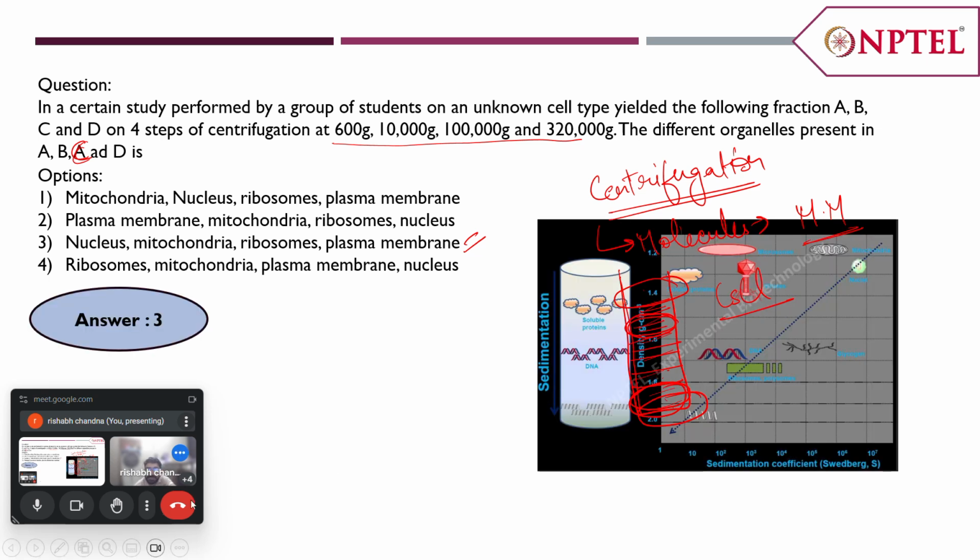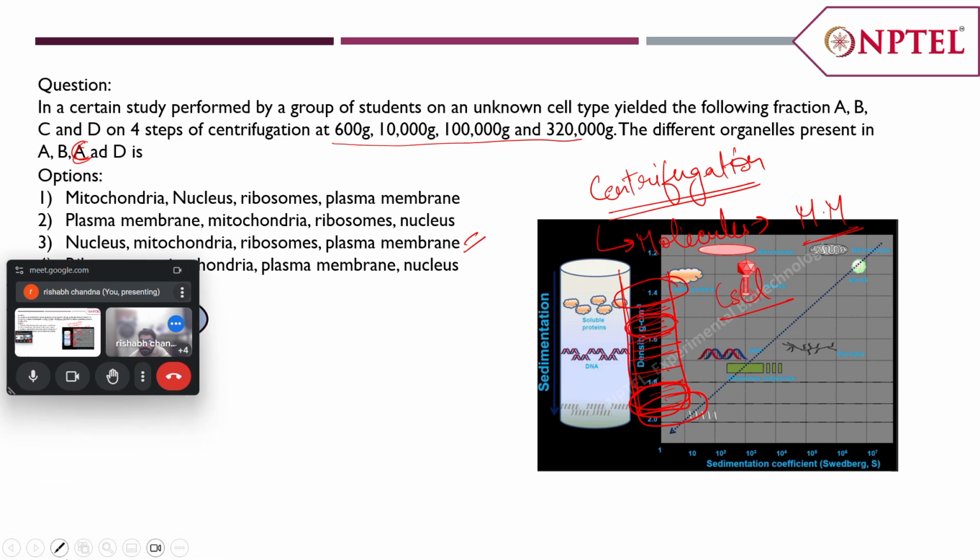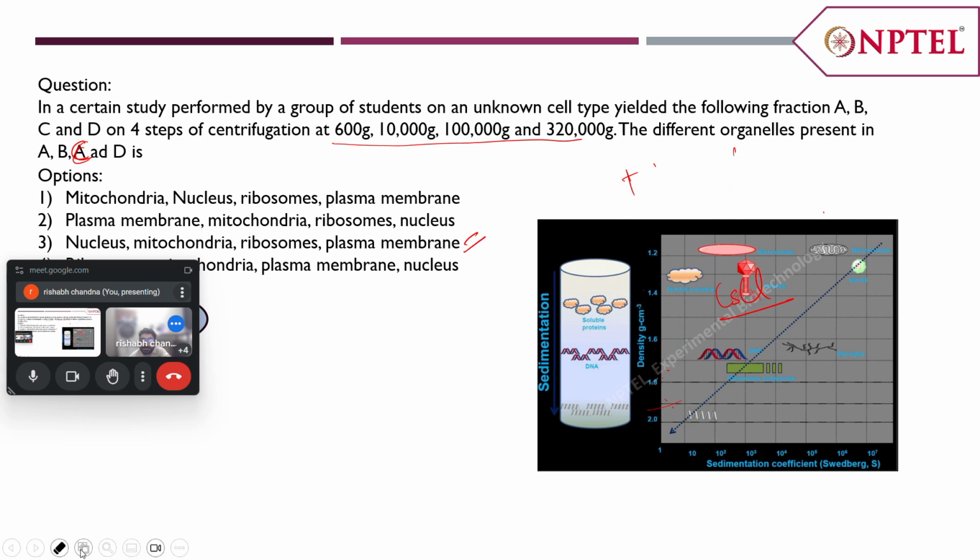So this is the explanation that I was giving you about. The higher molecular weight components will be present at the bottom, and the lighter ones will be present at the top.